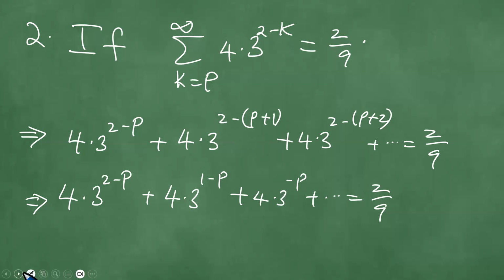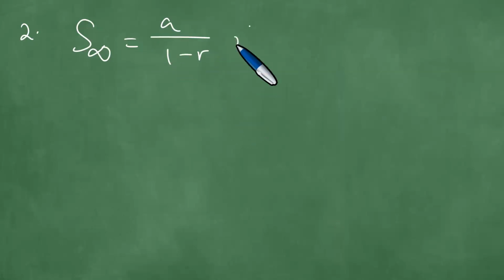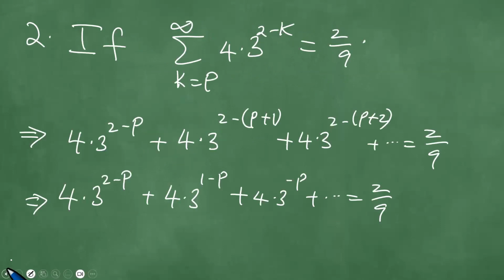To deal with this infinite series, the formula is the sum equals A divided by 1 minus R, where the constant ratio is smaller than 1. We need the first term and the constant ratio in this formula. So what is the first term?